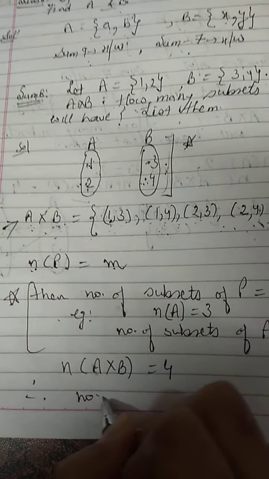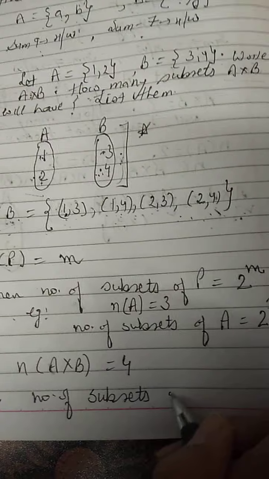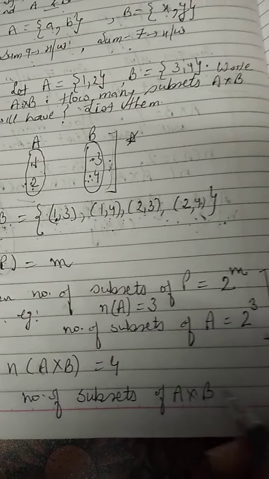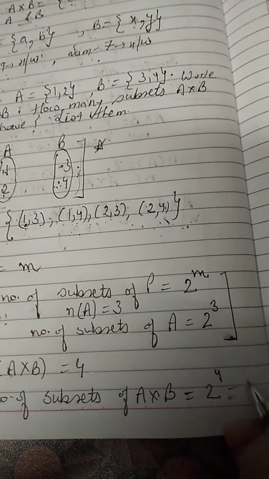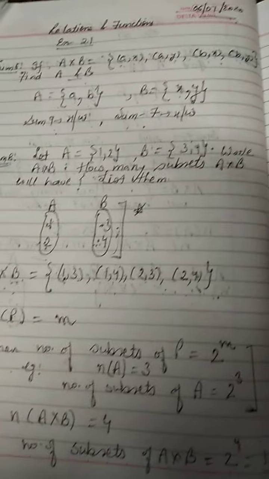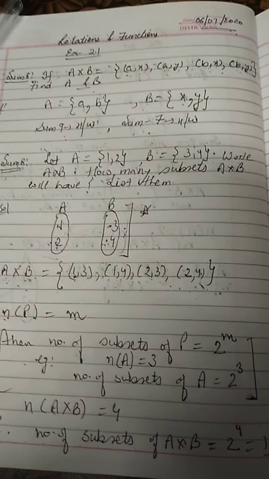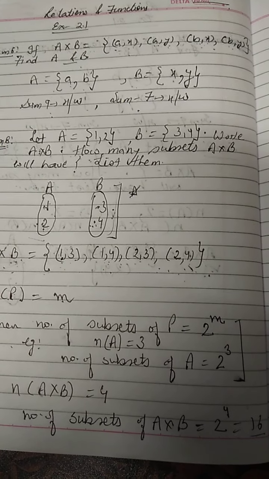Therefore, the number of subsets of A cross B, how many will we have? 2 raised to power 4, that is 16. So there are 16 subsets of this Cartesian product and we have to list them also.